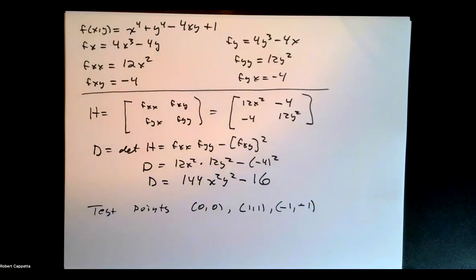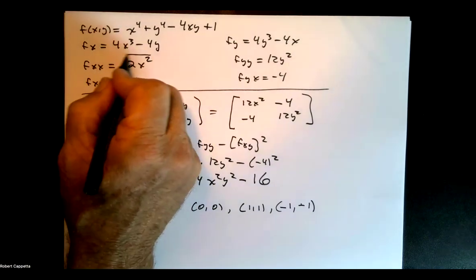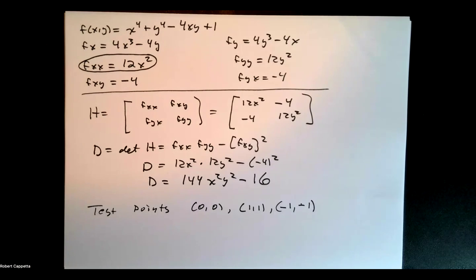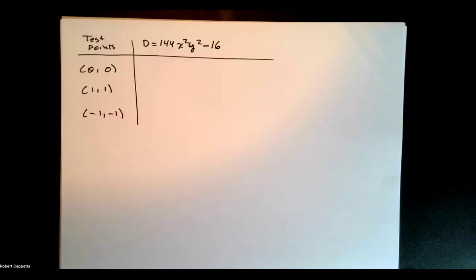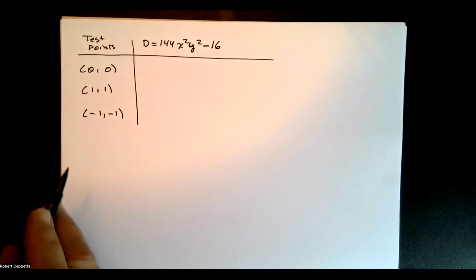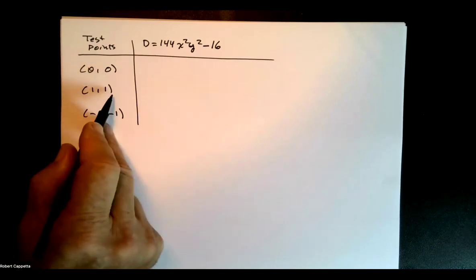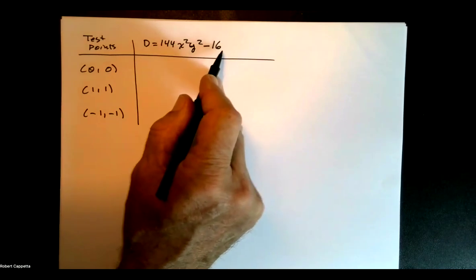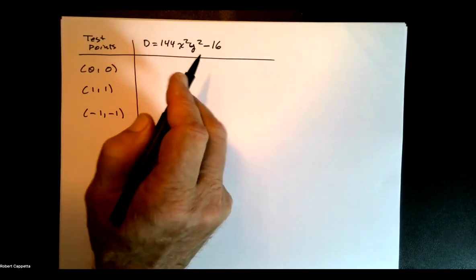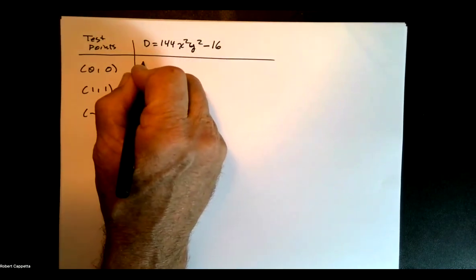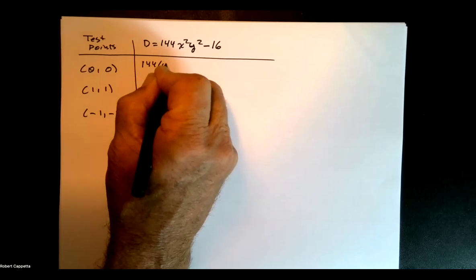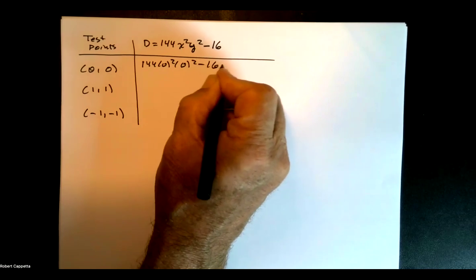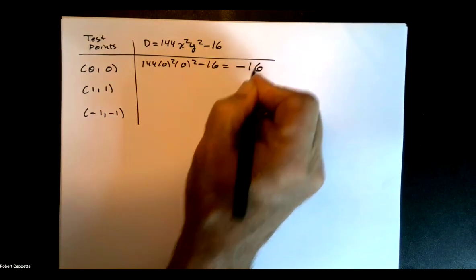We need to apply D to that as well as keep track of fxx. So let's collect all of that information to see what results. So there are our test points, 0, 0, 1, 1, negative 1, negative 1. There's our D, the determinant of the Hessian matrix. Plugging in 0, 0, we get 144 times 0 squared times 0 squared minus 16, which equals negative 16.